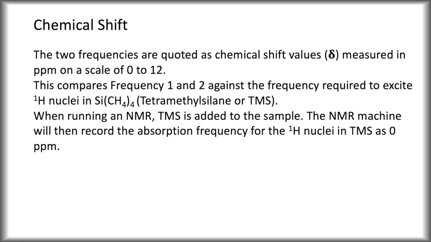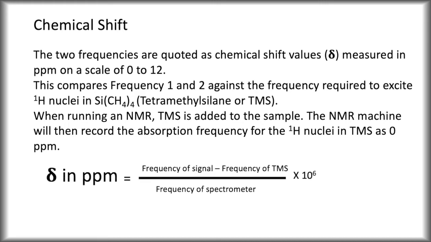The NMR machine then records the absorption frequency for those nuclei in TMS as 0 ppm, and the chemical shift is then calculated by the frequency of the signal minus the frequency of the TMS protons, divided by the frequency of the spectrometer, and we times that by 10 to the power of 6. That means that we standardize chemical shifts. It doesn't matter what type of NMR machine you run your spectrum in, your chemical shift values will always be standardized.